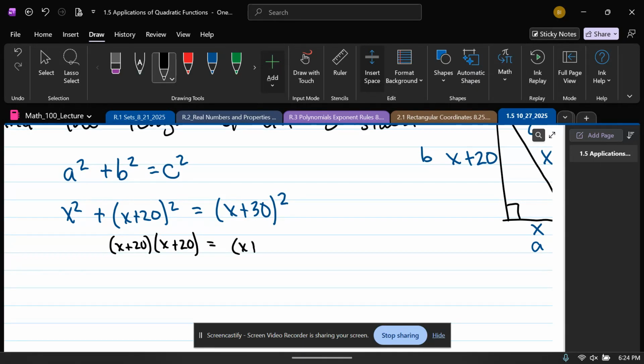I still have the x squared from the short leg. And then I'm going to multiply those things out.